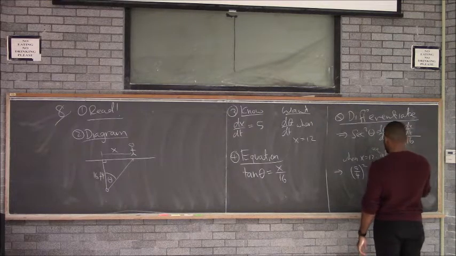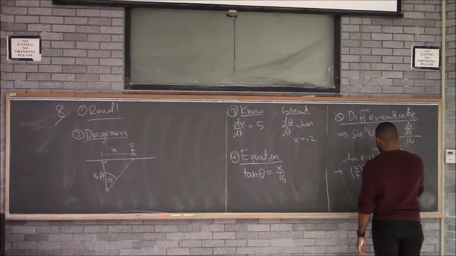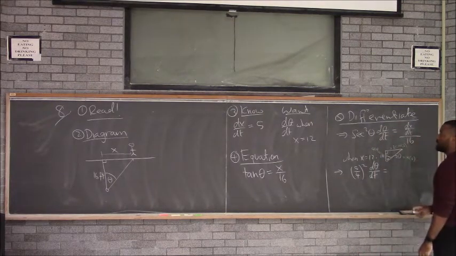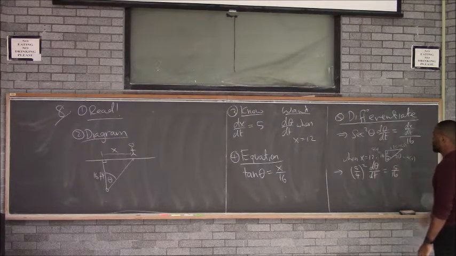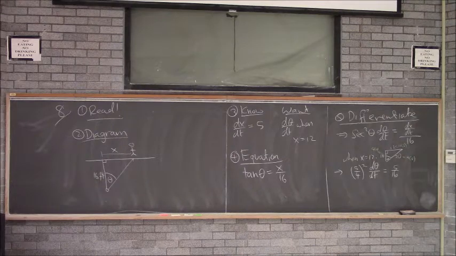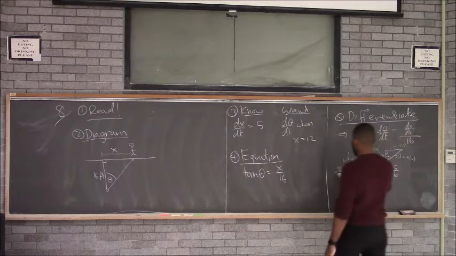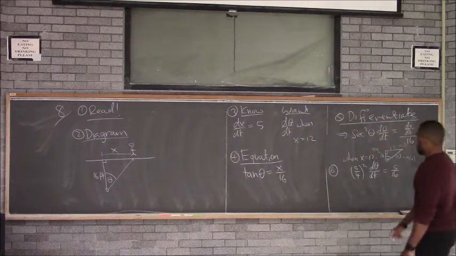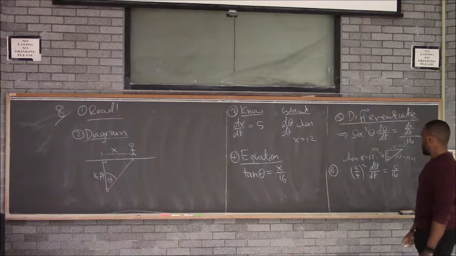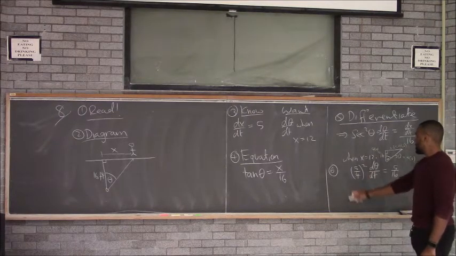d theta dt we don't know. dx dt we know is 5. So now you just solve it. That's just an equation. I mean, technically we're doing step 6 here, plugging in phase. So we can multiply both sides by 16.